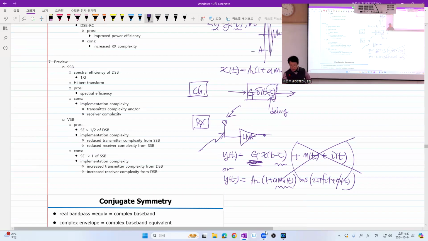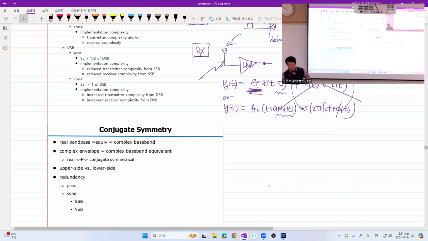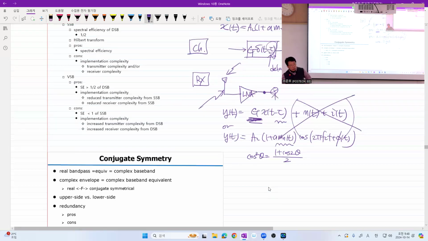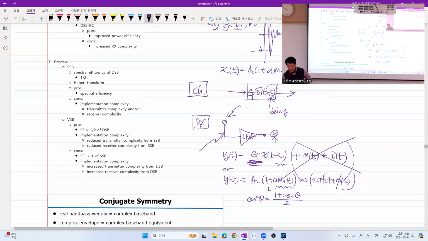The simplest is hinted by the trigonometric identity, that is this one. So what we do is multiply by the so-called demodulation carrier that has exactly the same signal as this factor, cosine 2 pi fct plus phi of t, if it's possible.